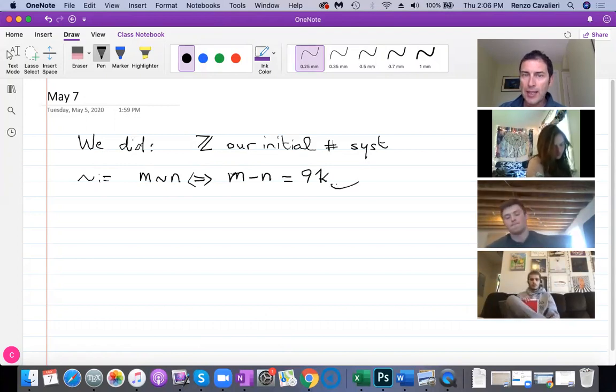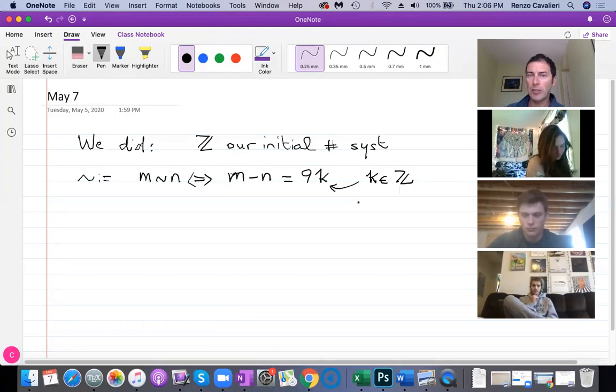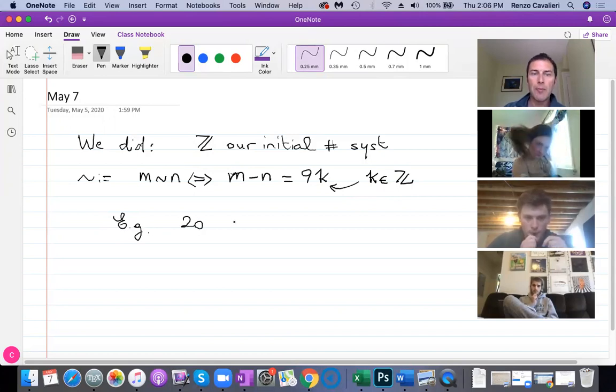The important thing is that I didn't say k is just any number, but that k is an integer. k is not allowed to be a fraction. So for example, if the number 20 and the number 10 walk up to you and ask you, are we equivalent?